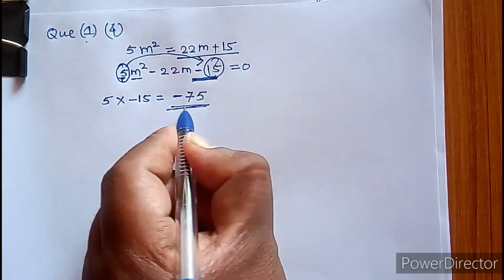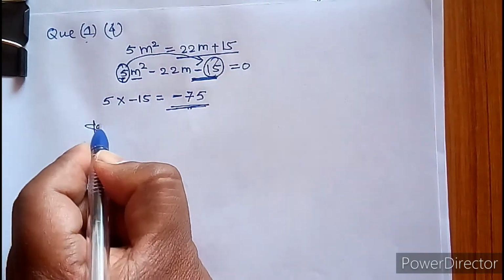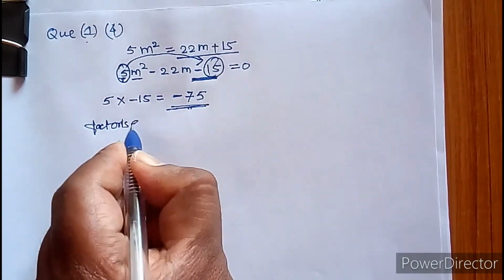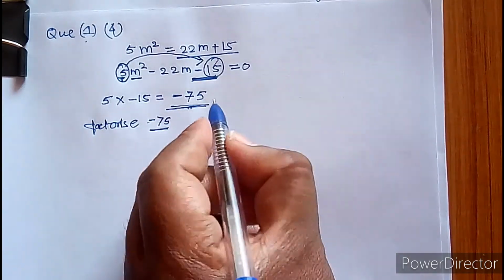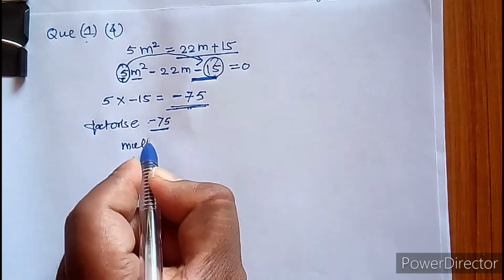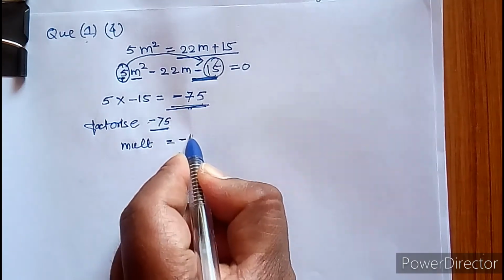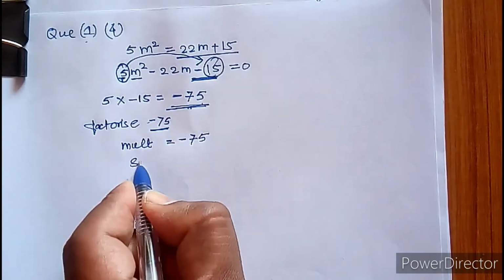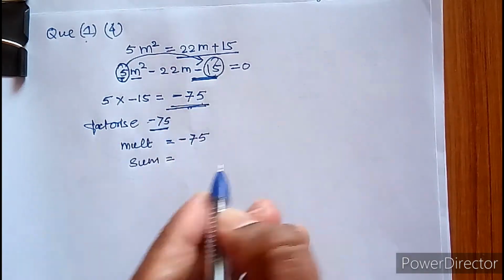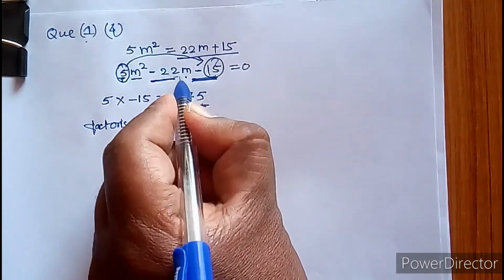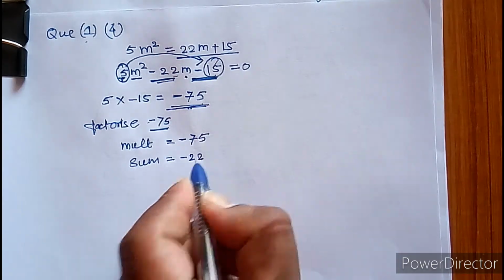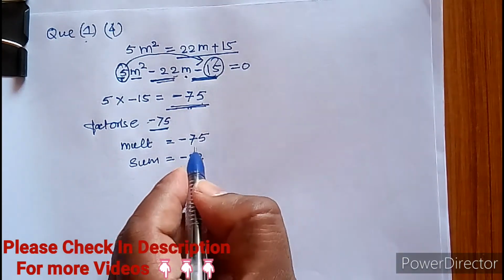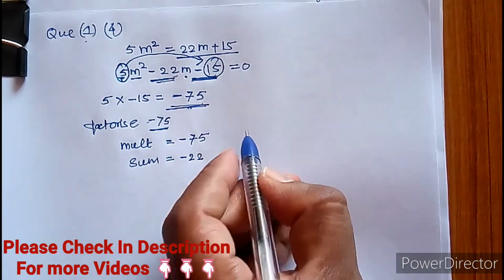Now we have to factorize this minus 75 in such a way that the multiplication is minus 75, and the sum of these two factors will be the coefficient of m, which is minus 22. In such a way we have to factorize minus 75.